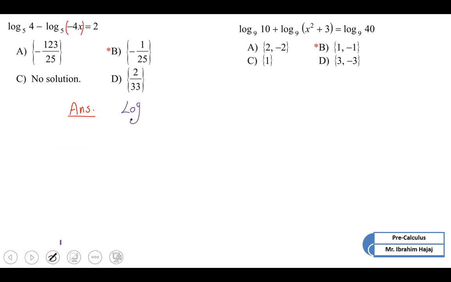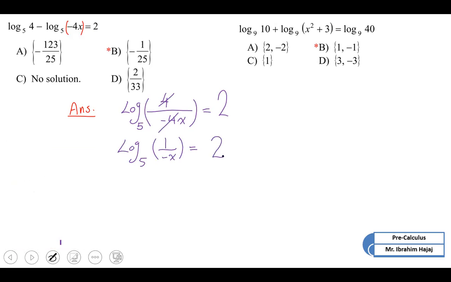Since we have the same base, log base 5, and there is a subtraction, we have to write it as a quotient, 4 over negative 4x, and this all equals 2. So it's log base 5 of, we can cross out 4 with 4, so we have 1 over negative x, which is equal to 2.